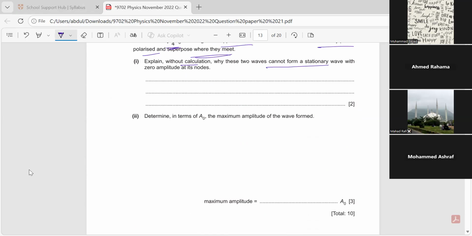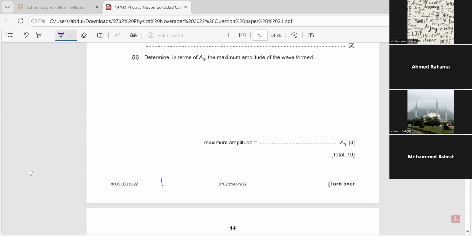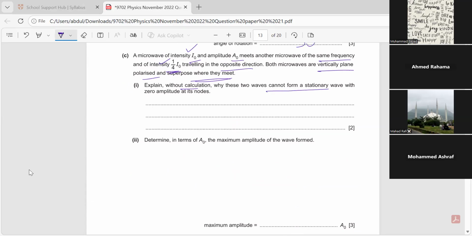And between amplitude and intensity there is a relationship that intensity is proportional to the square of the amplitude. So if the intensity is decreased, it means amplitude is also decreased. So if the amplitudes are not equal, how can they give rise to stationary waves? So my dear friends, here I'm going to write amplitudes are not same.